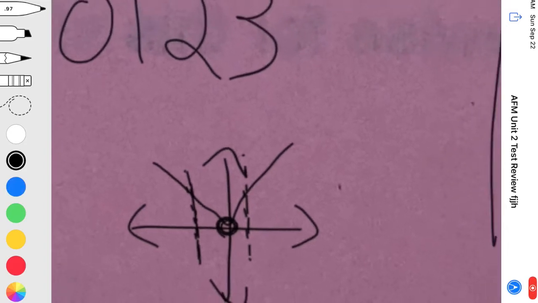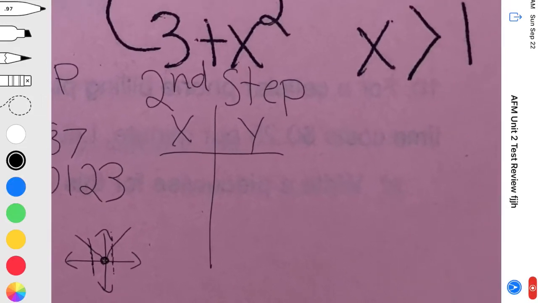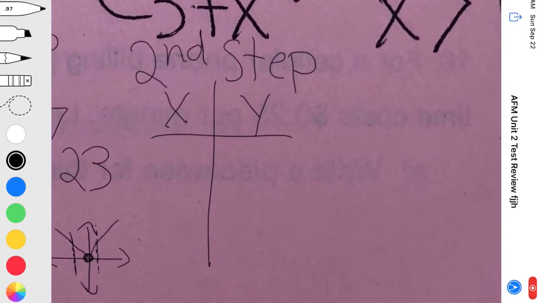So in this one, we have to use more than just 2 points so we can actually see the shape of the graph for step 2.